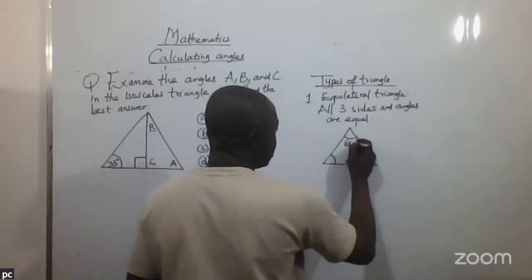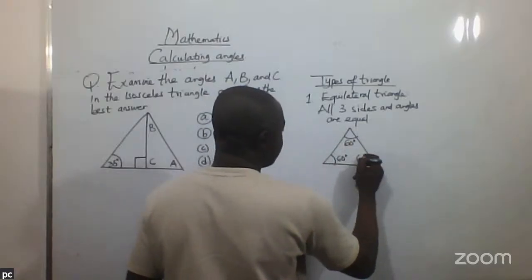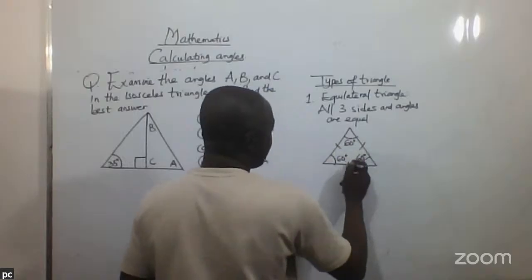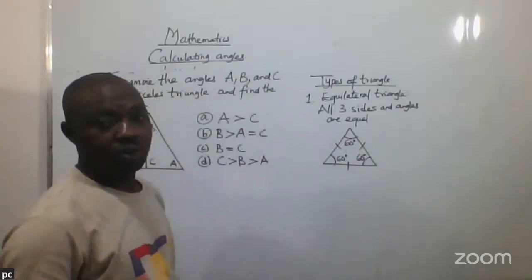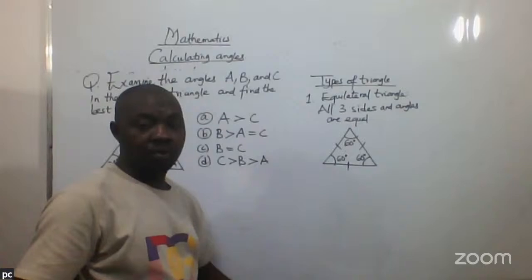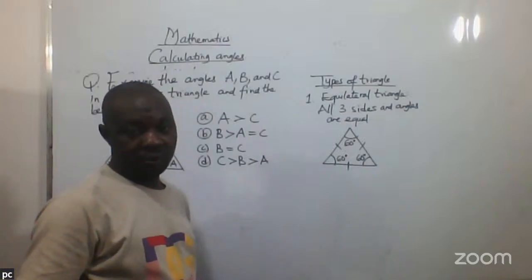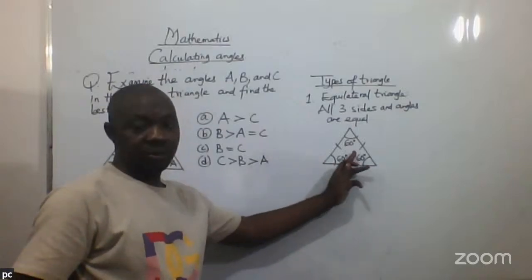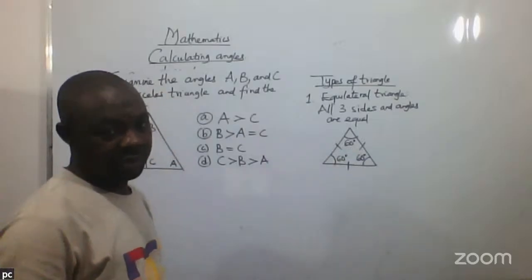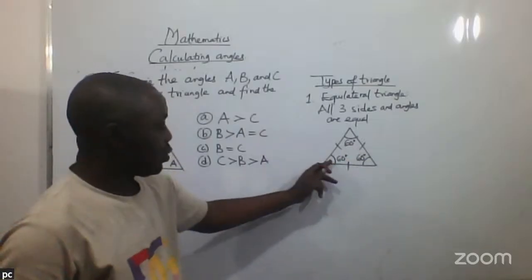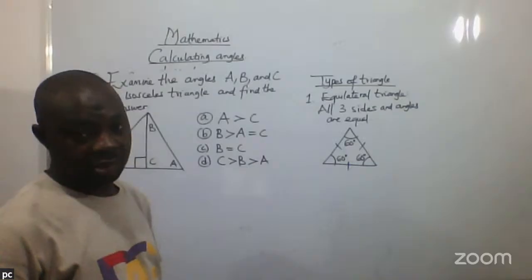So this will be 60 degrees, this will be 60 degrees, and then this will be 60 degrees. All the three sides are equal, which means each interior angle will be 60 degrees. Because 60 degrees plus 60 degrees is 120 degrees, and 120 degrees plus 60 degrees is 180. So that's equilateral triangle.